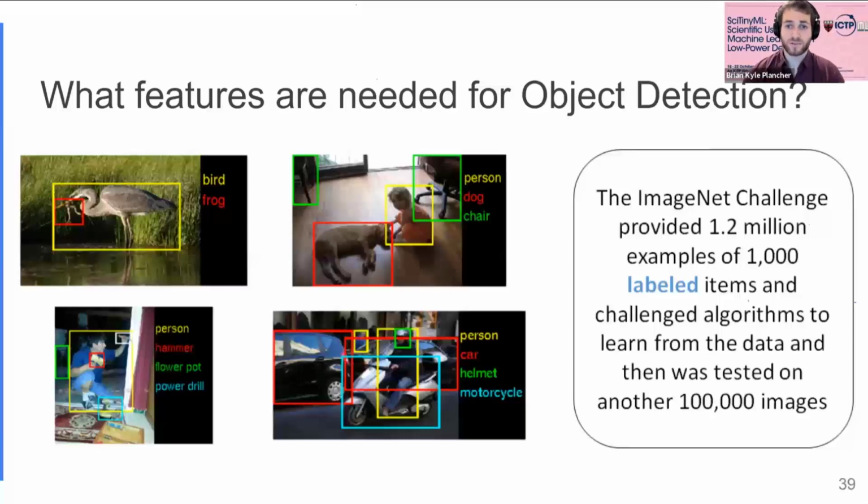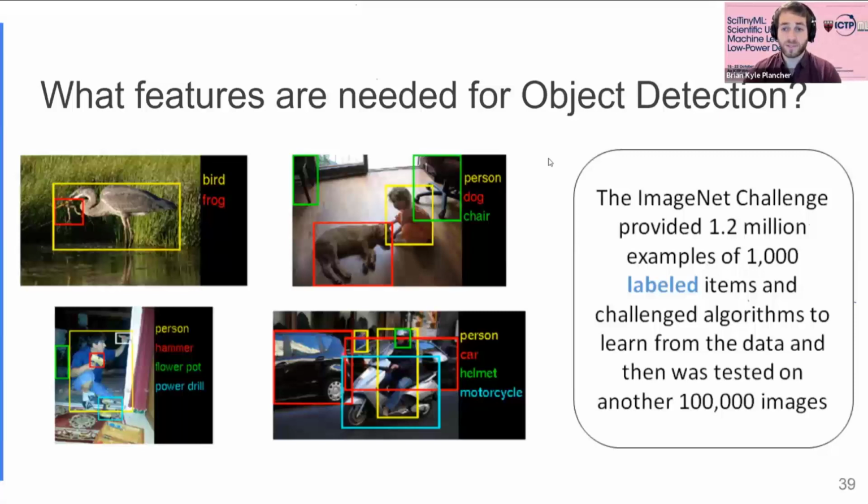Some grad students labeled 1.2 million examples of images with 1,000 different labels, different objects. These are some examples here on the left. And then there were another 100,000 test items that they kept on the side. They gave everybody the 1.2 million and said, come up with your best algorithm to figure this out.